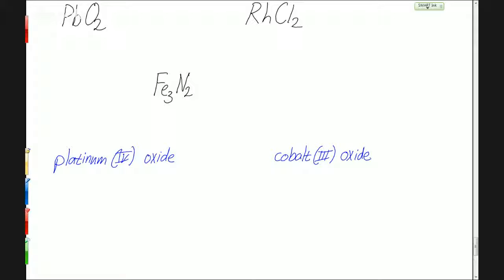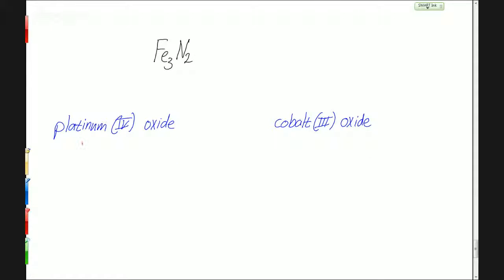So we've got platinum(IV) oxide. Now the platinum(IV) tells us that, well, we can look up that it's Pt. What does that 4 in parentheses tell us? The charge. So that tells us that this is platinum 4 plus. Now oxide, we're not told the charge of, but oxide's always the same charge, which is what? 2 minus.